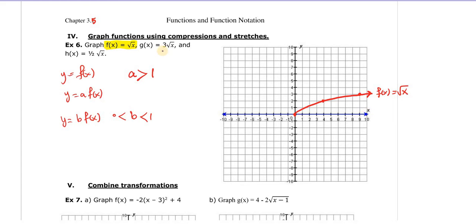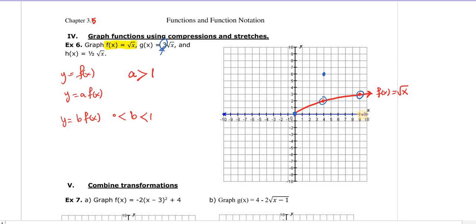Then if you multiply that function by 3, this function is going to stretch vertically. Each of these points is going to stretch by a factor of 3. So this point, 4 and 2: 2 times 3 is 6, so it's going to become 4 and 6. 0 is going to remain 0.